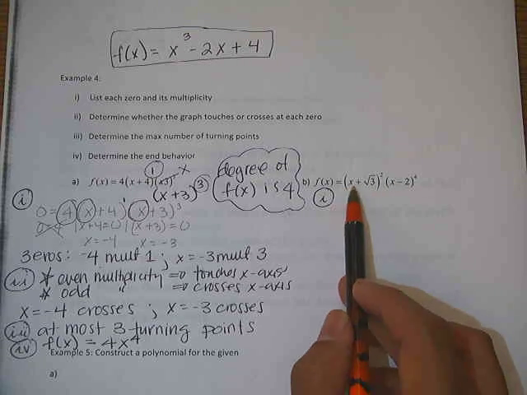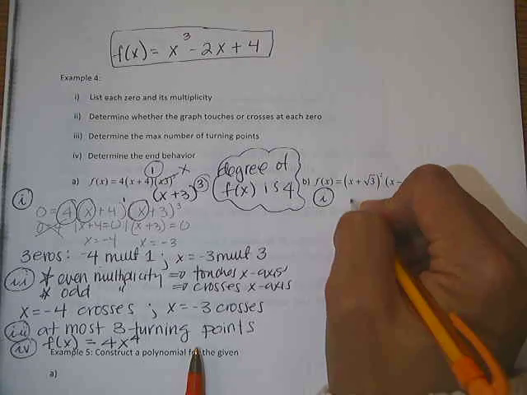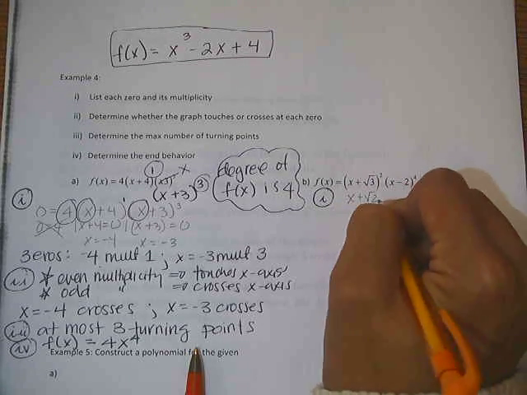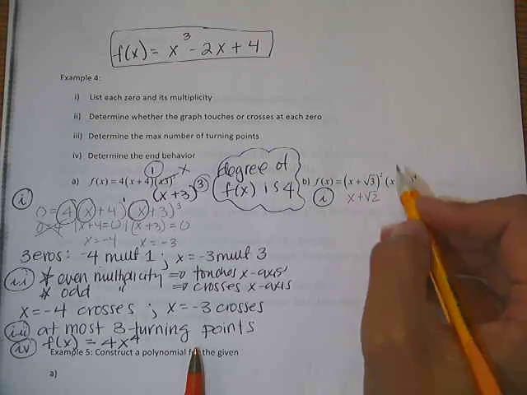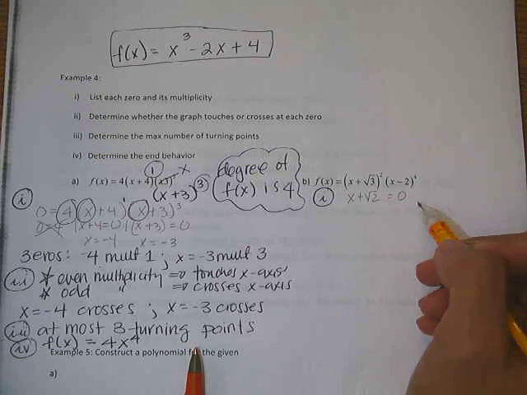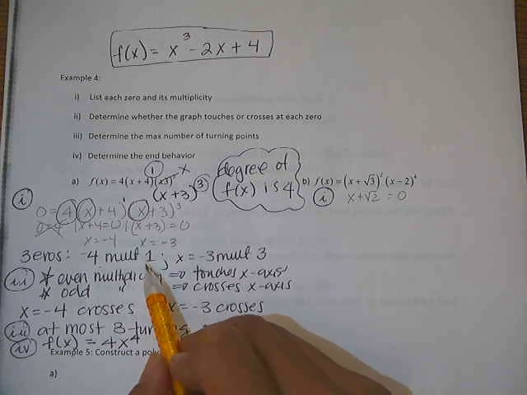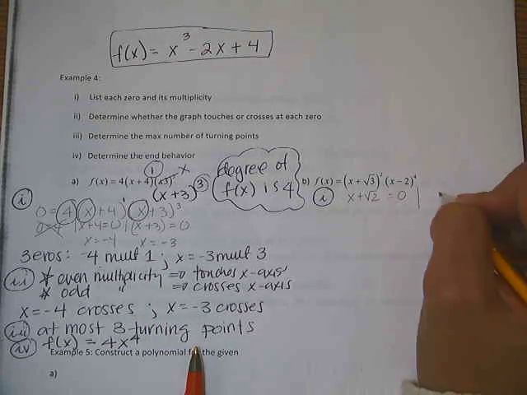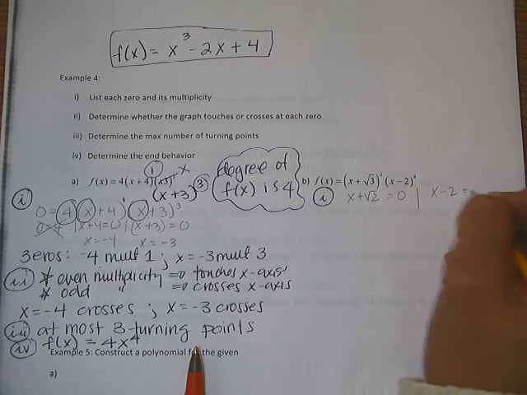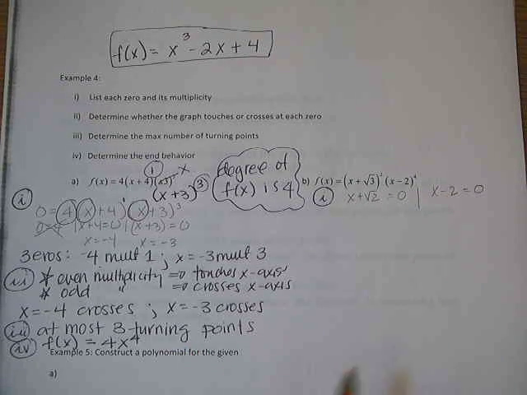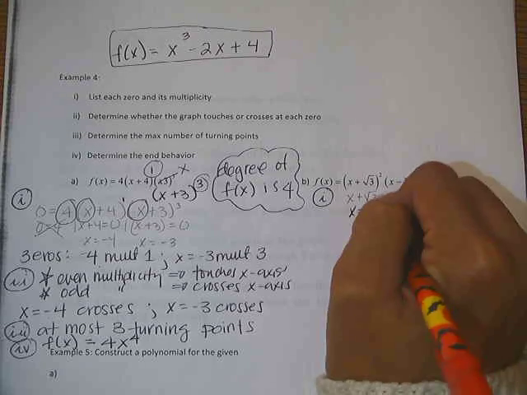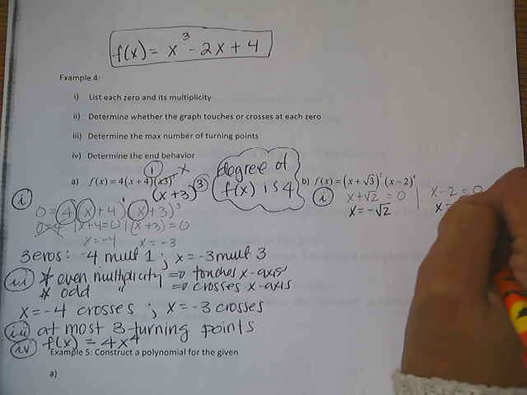If I take this factor and set it equal to 0, with the power 2, I can do it twice, or I can just later write multiplicity of 2. So that's my first zero, and x minus 2 equals 0. So when I solve for x, x equals a negative square root of 2, and x equals a positive 2.